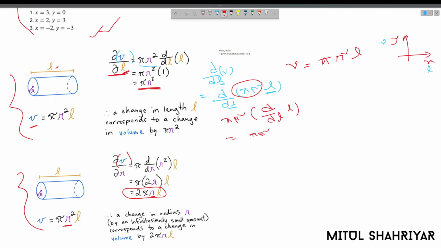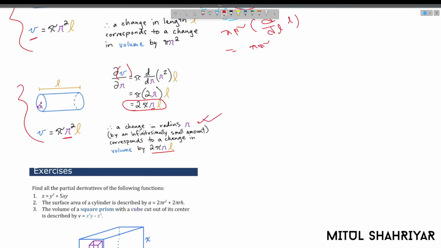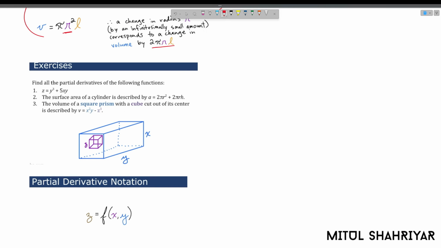That means a change in radius by an infinitesimally small amount corresponds to a change in volume of 2 pi rL. Okay, so here the dependency is out here. That's an issue. This is your exercise: for a prism, you can just do the same thing.